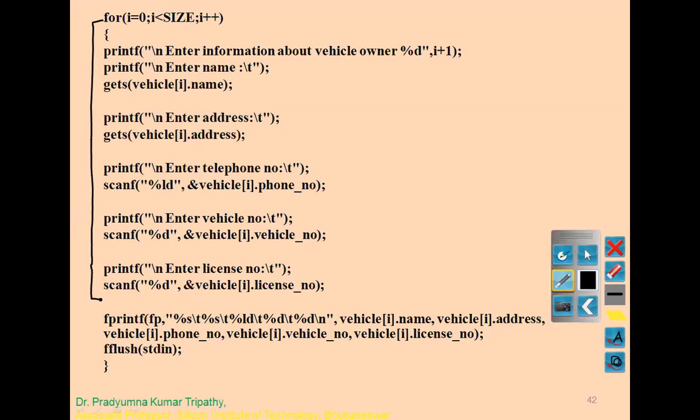We have inputted name, address, phone number, vehicle number, license number, all these I have inputted. After inputting all this, we want to write into the file, so I have used fprintf over here.